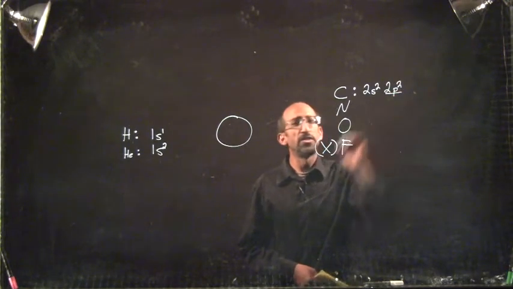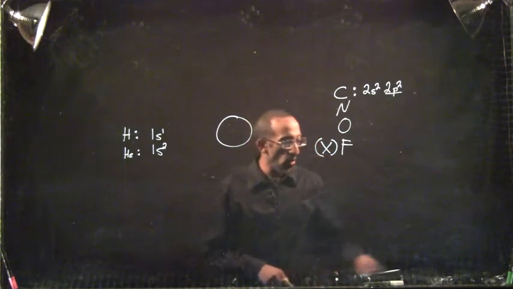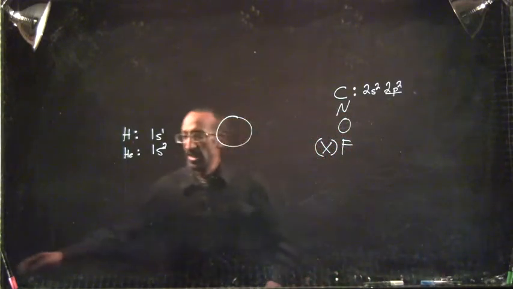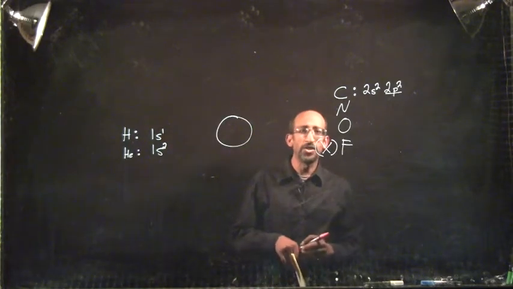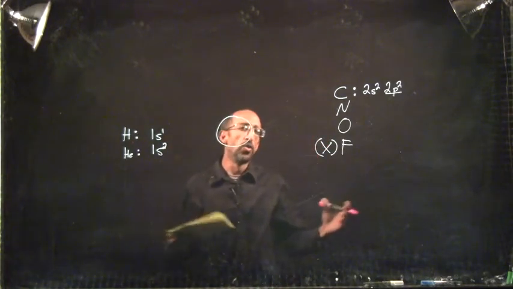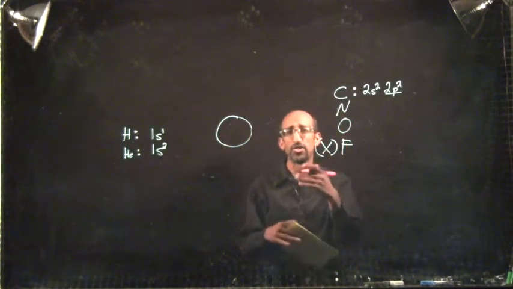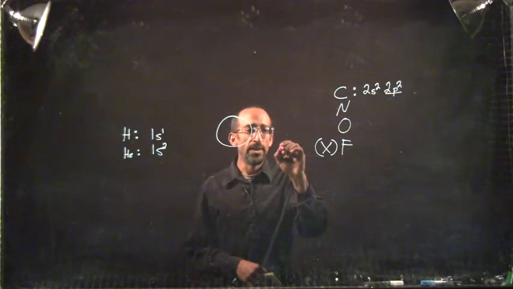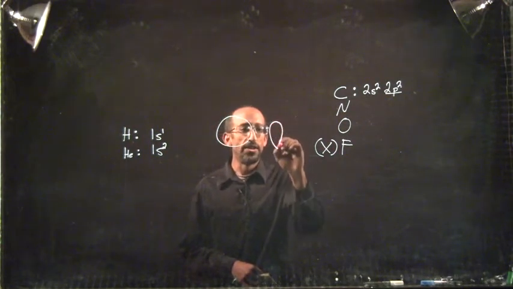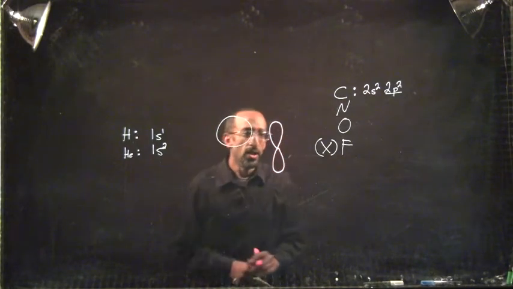But we need to break this 2p orbital down a little bit more and take a look at what a p orbital actually looks like. So a p orbital is actually a group of 3 different orbitals that have different orientations along a set of axes. The p orbital is typically this, what we call either bow tie or dumbbell shape.